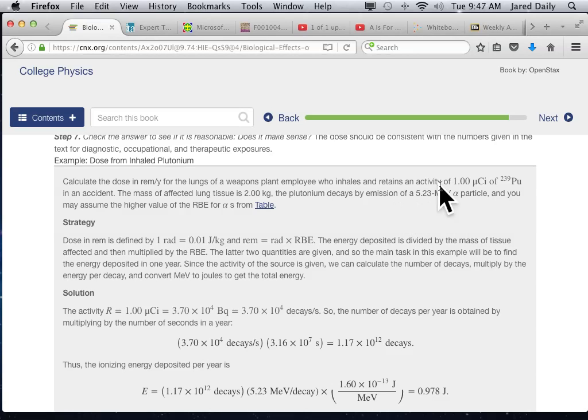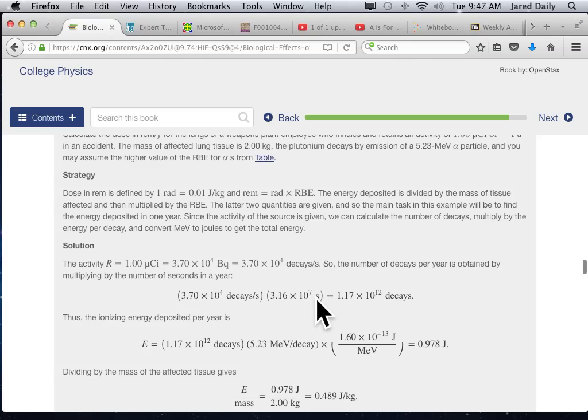So there's our energy. We've got our energy, we've got our activity, the microcurie, we have our mass, right? And we're going to assume the higher value of the RBE for alpha from the RBE table, okay?